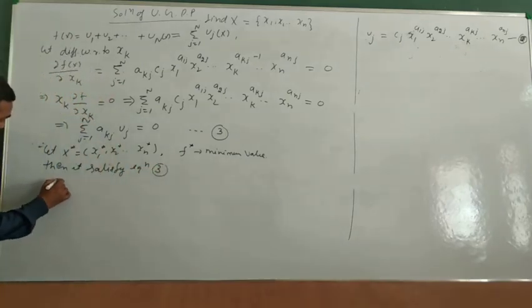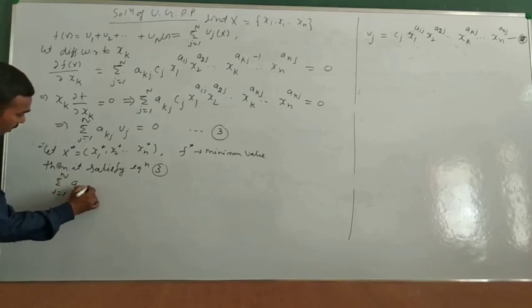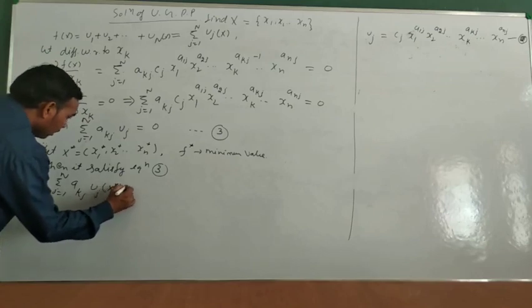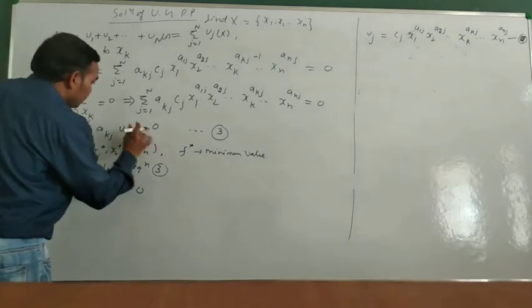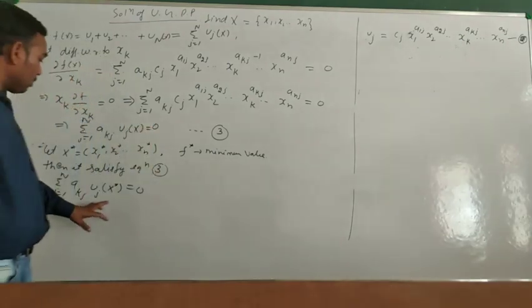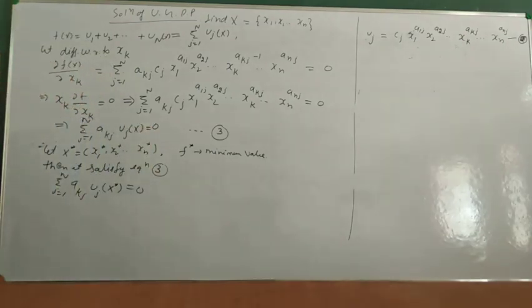So we get the sum over j equal to 1 to n of akj uj(x star) equal to 0.